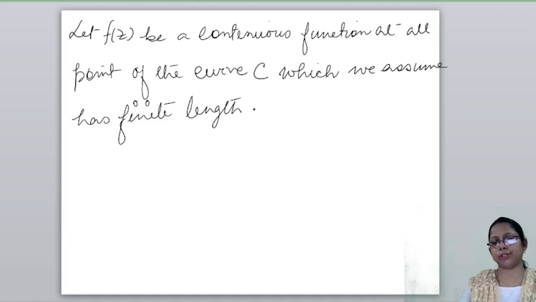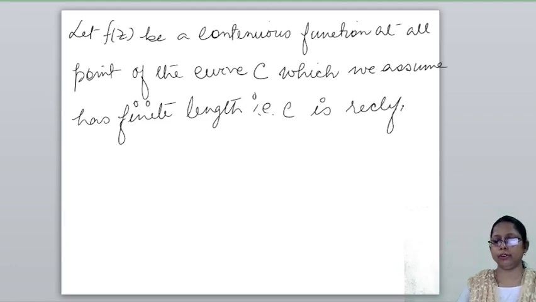That means our C is measurable, C is a rectifiable curve.